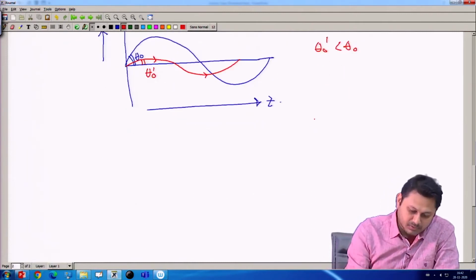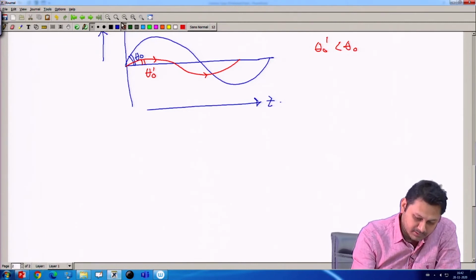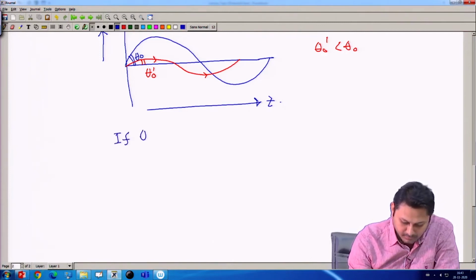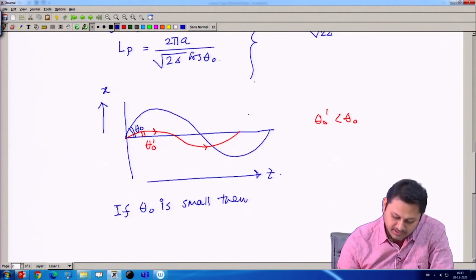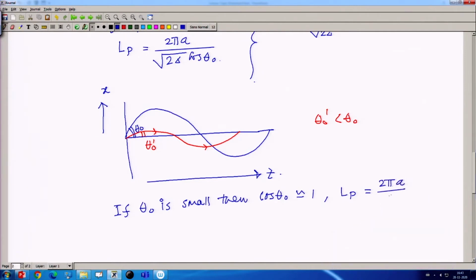Now, we also find that if somehow this launching angle is small, if theta 0 is small, then we can say cos theta 0 is nearly equal to 1, and for that I have LP is equal to 2 pi a divided by root over 2 delta, and that is constant and independent of theta 0.